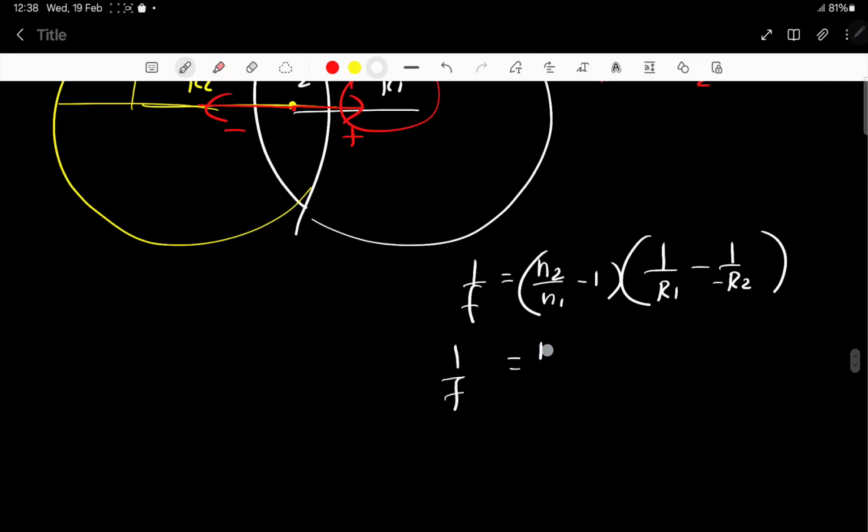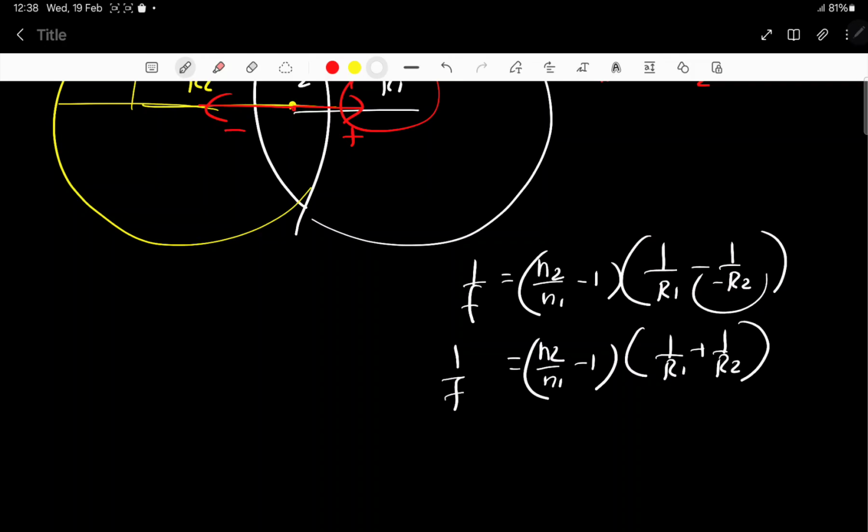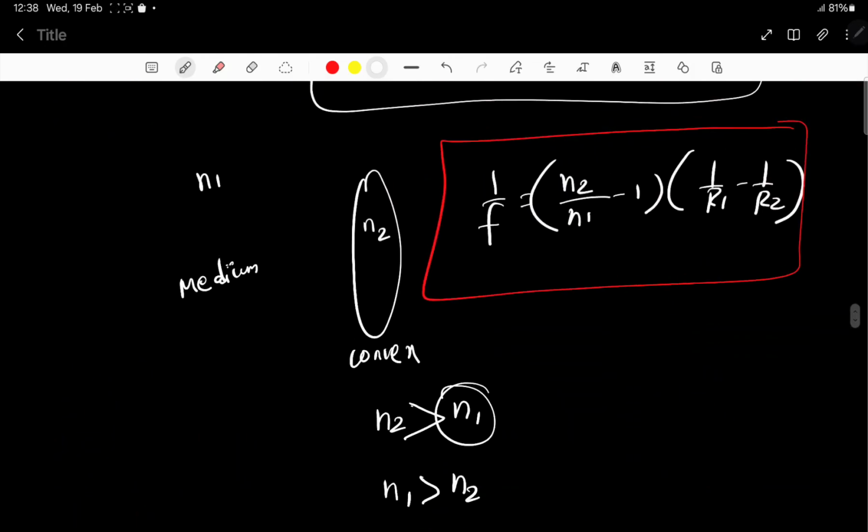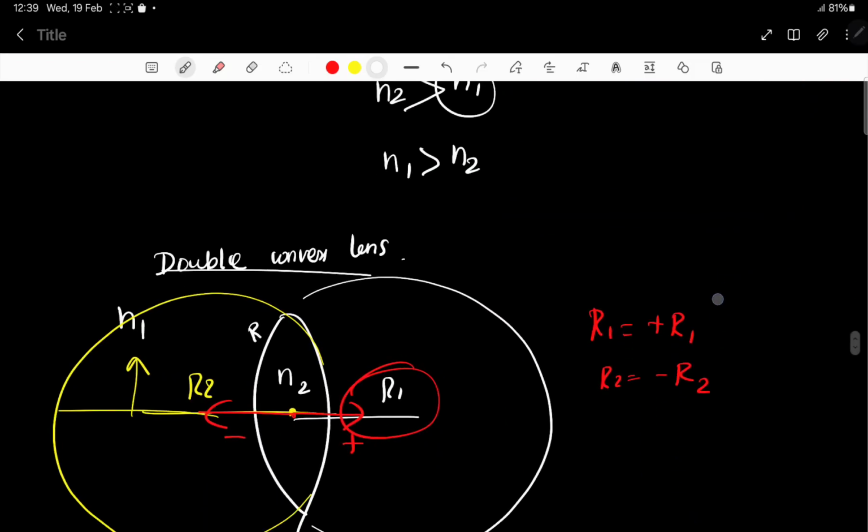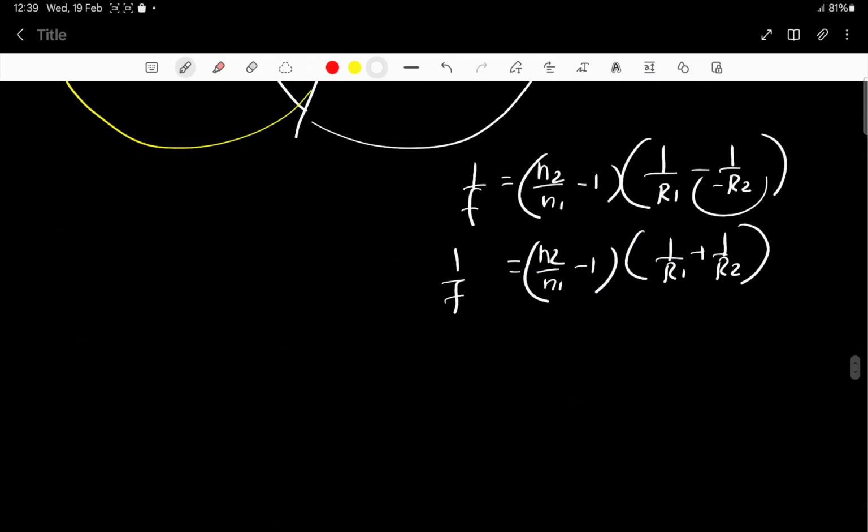So obviously what you got is (N2 by N1 minus 1) into (1 by R1 plus 1 by R2). I have applied the sign conventions here. While using this Lensmaker equation, you can substitute the R1 or R2 value with proper sign conventions. So for a double convex lens, since the whole quantity is going to be positive, that tells you that the convex lens is going to have a positive focal length.